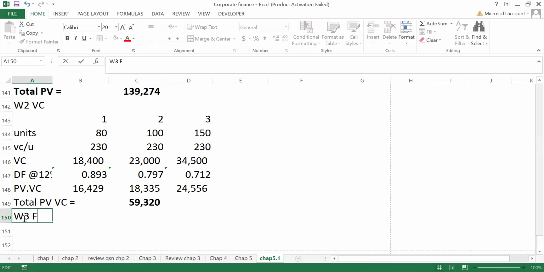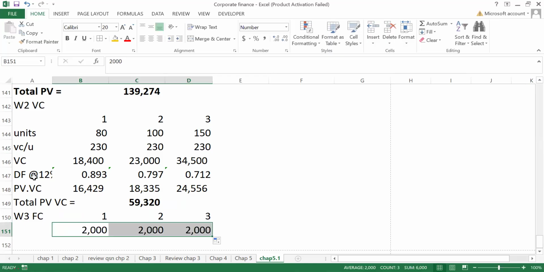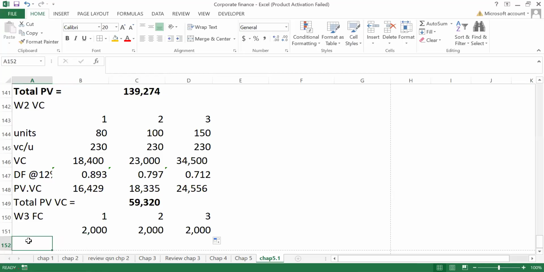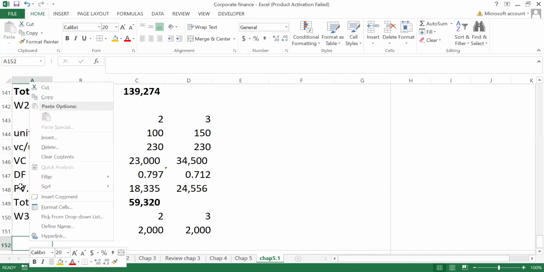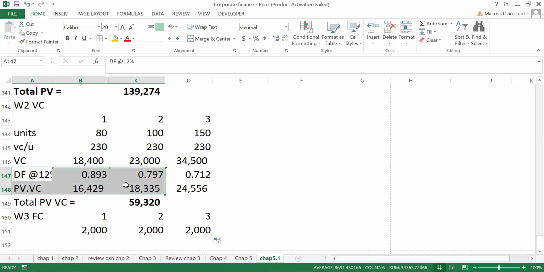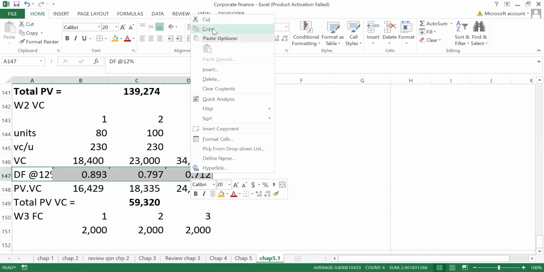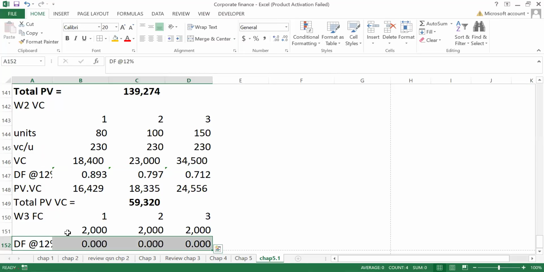Working 3, we have the fixed costs. So year 1, year 2, year 3. Our fixed cost, I think, is 2 million. I can also copy again the discounting factor.